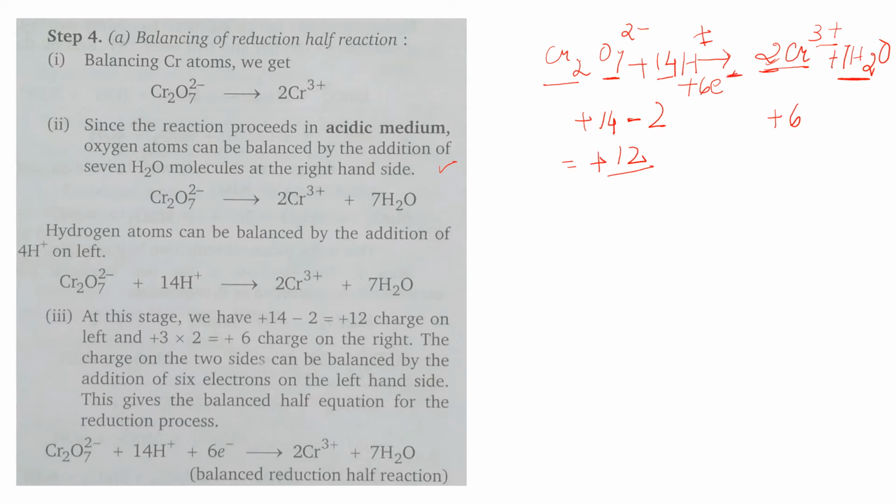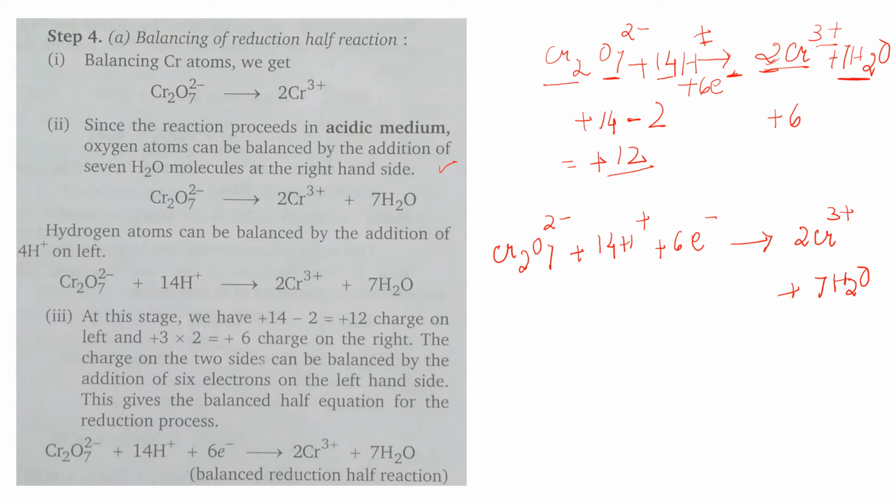So my balanced reduction half reaction is Cr2O7 2- plus 14H+ plus 6e- giving 2Cr3+ plus 7H2O. This is my balanced reduction reaction.